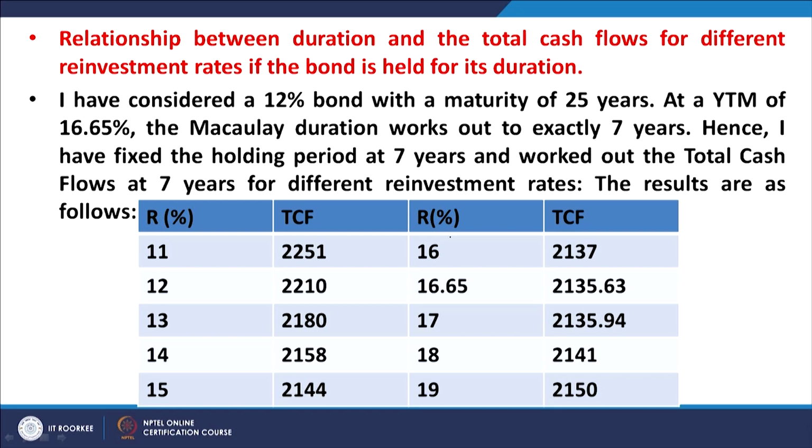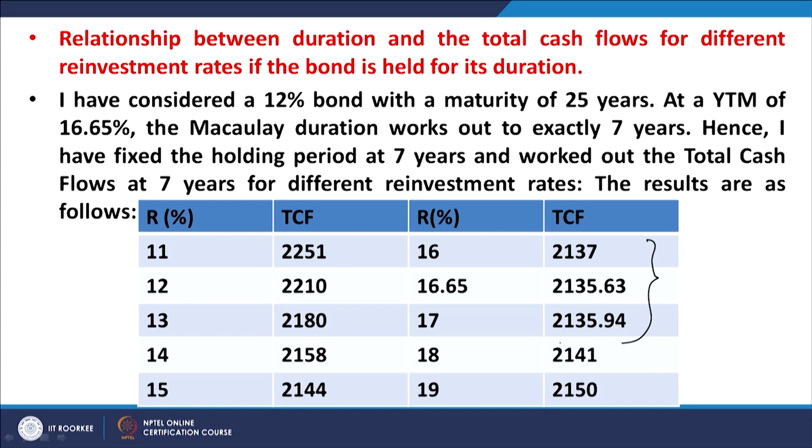But the important thing is, if my YTM fluctuates around this figure of 16.65%, say it moves slightly upwards or slightly downwards, the change in the total cash flows is very small. It is hardly 1 unit of money, slightly more than 1 unit of money.